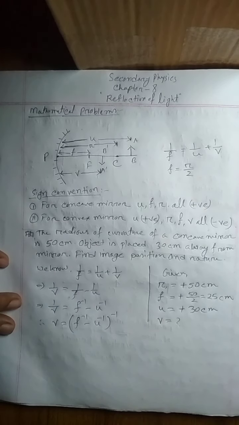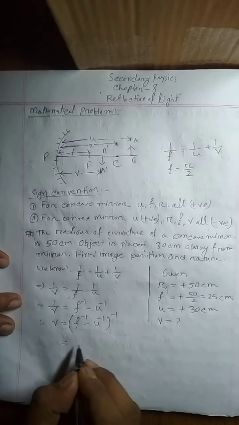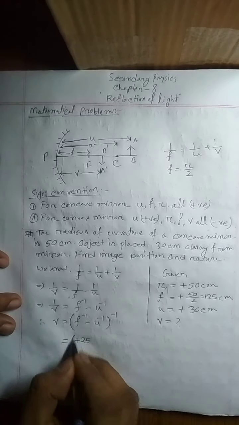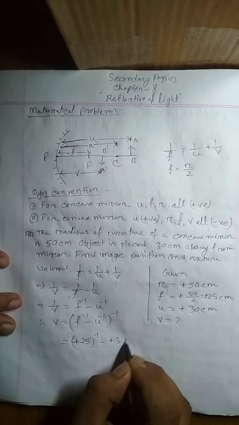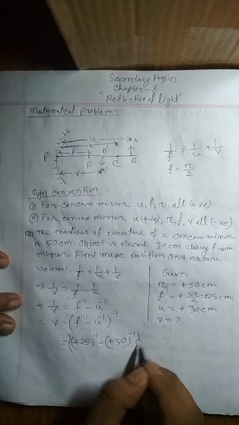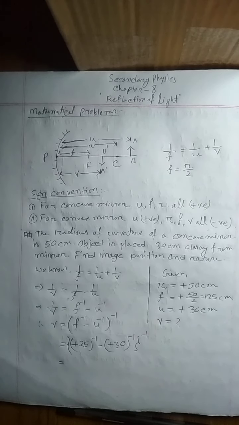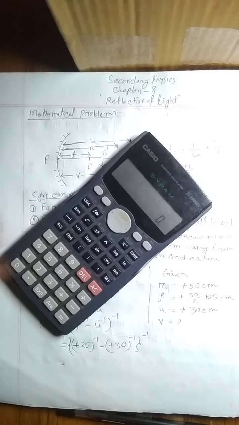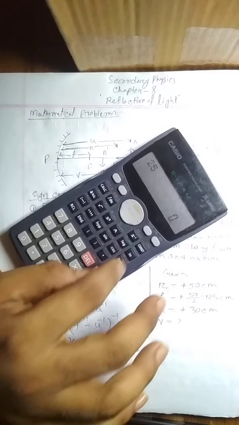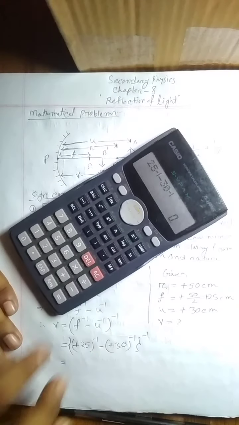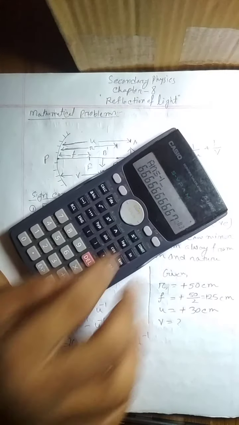Now put the values here: plus 25 inverse minus plus 30 inverse, and then the result inverse. So we'll do it here.